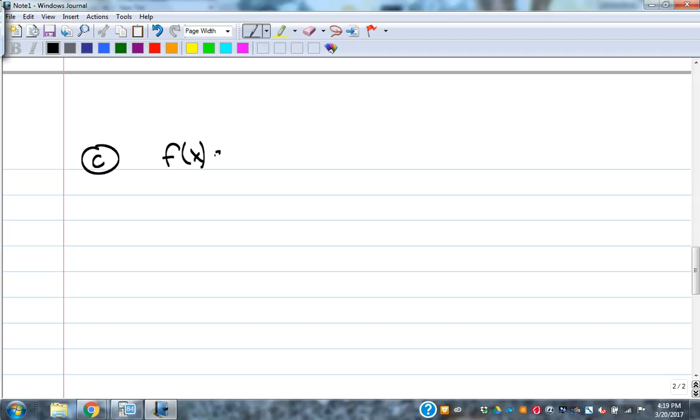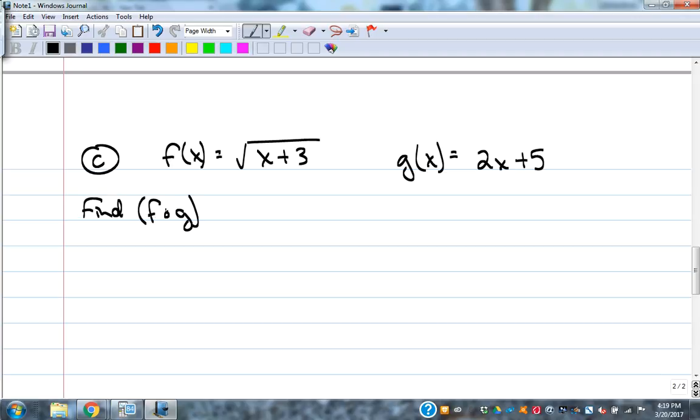f of x is the square root of x plus 3, and g of x is 2x plus 5. Again, we're going to find f composed with g of x and its domain.